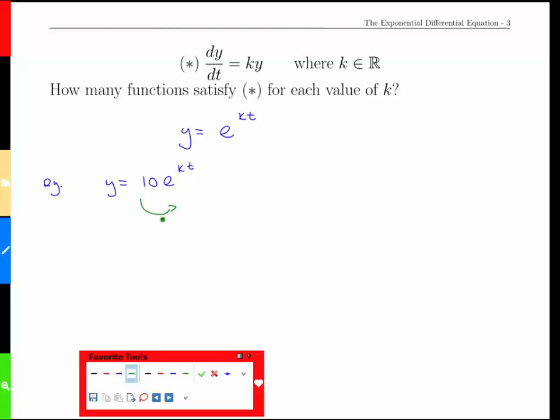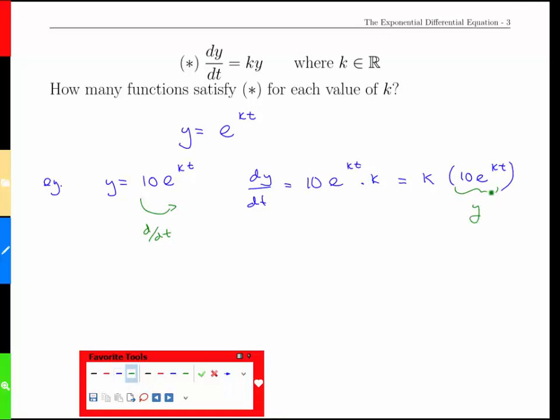Well, we can take a derivative and see if this still satisfies the original equation. We would get dy dt is equal to 10 times e to the kt times k from the chain rule. And we can rewrite that as k times 10 e to the kt. What we have here again is our original y value.